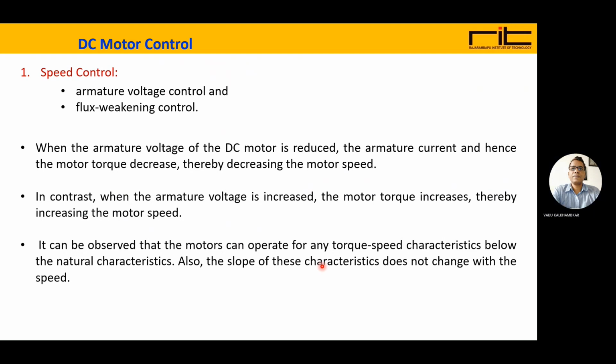In contrast, when the armature voltage is increased, the motor torque increases, thereby increasing the motor speed. It can be observed that the motor can operate for any torque speed characteristics below the natural characteristics. Also, the slope of these characteristics does not change with the speed.